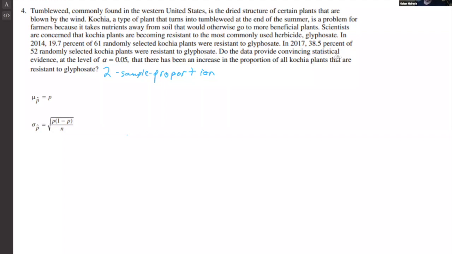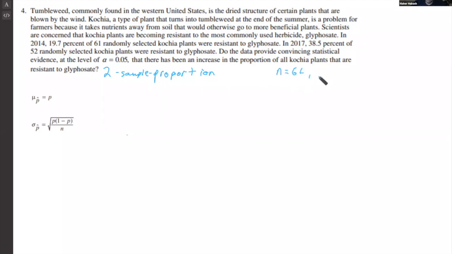So click stat on your calculators and scroll to tests. Everyone open up a 2 proportion z-test. Here they kind of messed with us because our calculators want how many people out of your first sample and how many people out of your second sample. So let's find what those percentages are. If I got 19.7% of 61, .197 times 61, I got 12. So our first sample, we have n equals 61.